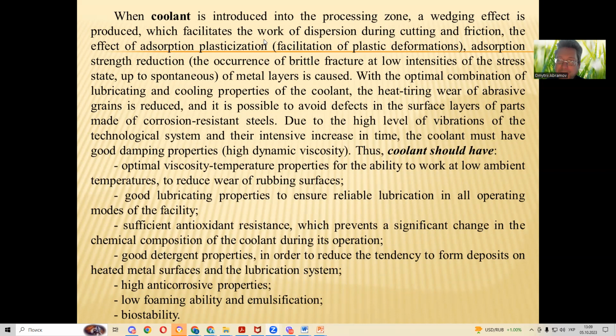With the optimal combination of lubricating and cooling properties of the coolant, the wear of abrasive grains is reduced, and it is possible to avoid defects in the surface layers of parts made of corrosion-resistant steels.